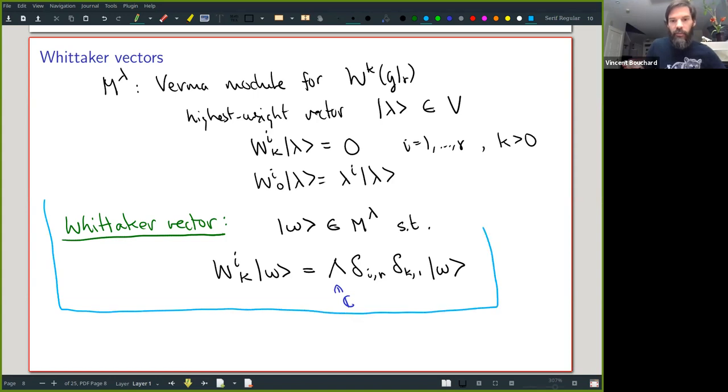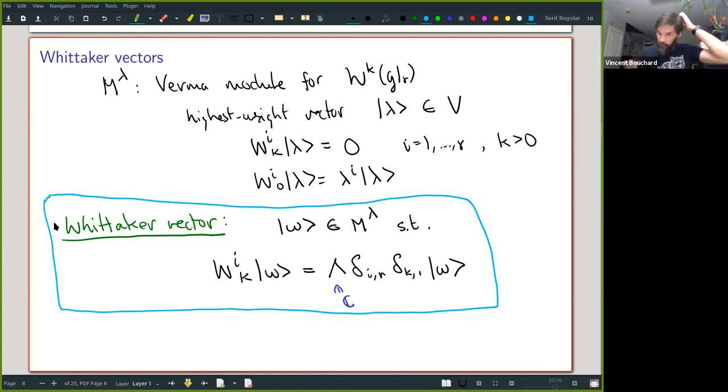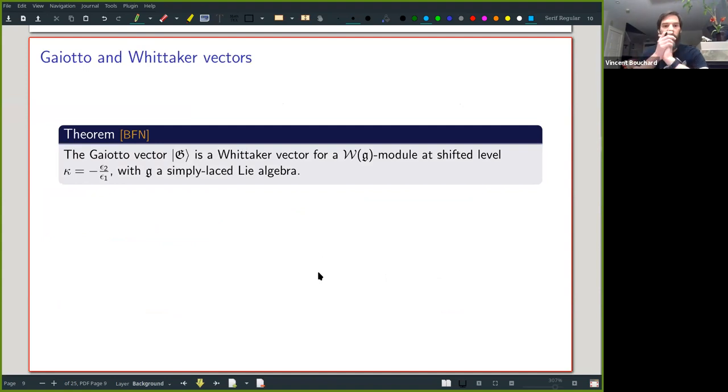And now the statement of Braverman, Finkelberg, Nakajima is that the Gaiotto vector is actually such a Whittaker vector. More precisely, this is a theorem: they do it for simply laced Lie groups, so ADE. The Gaiotto vector here is a Whittaker vector for a particular W_G module, where G is the corresponding Lie algebra.